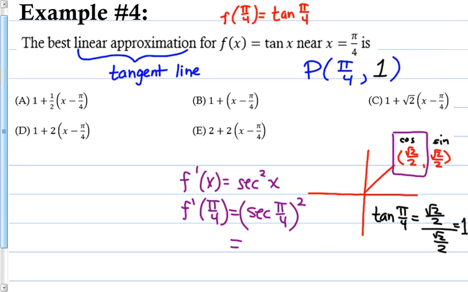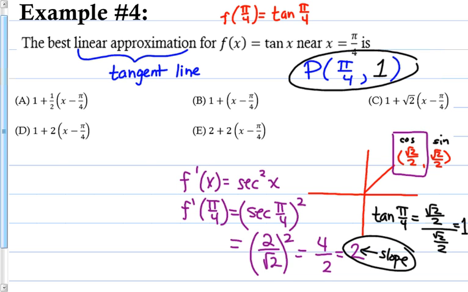So the reciprocal of square root of 2 over 2 is 2 over the square root of 2. And then I have to square that. That's why I put the square on the outside. Makes it easier. So 2 squared is 4. The square root of 2 squared is just 2. So my answer is just 2. So there's my slope. All right, I have my slope. I have my point.